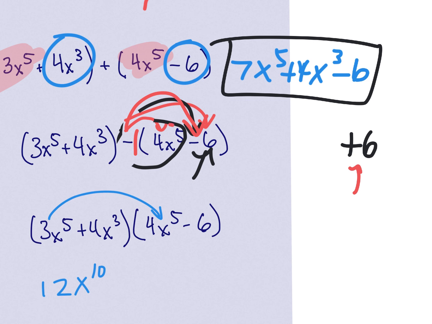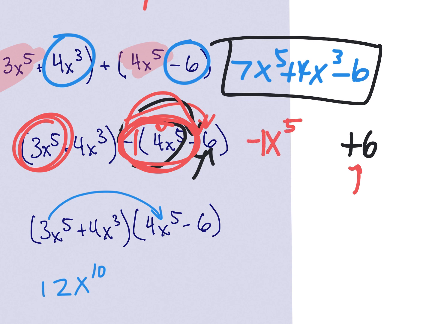Okay, and then this negative 4x to the 5th goes with the 3x to the 5th and makes negative 1x to the 5th. You don't have to say 1, just negative x to the 5th would have been fine. That 4x to the 3rd has nothing else like it. 4x to the 3rd. And that is your final answer for the second one.